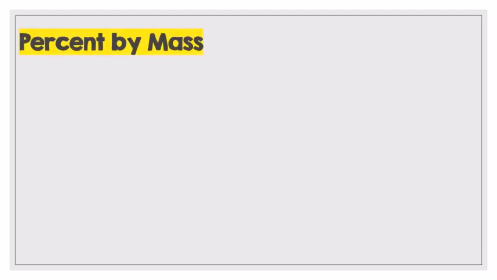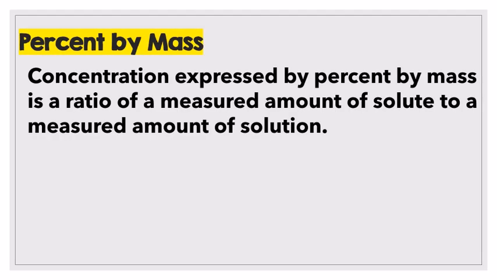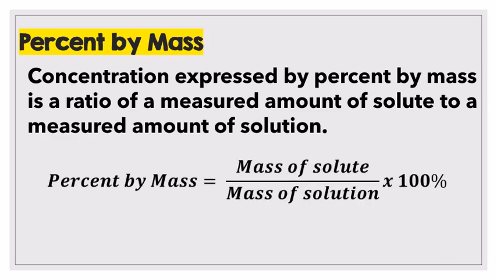Let us now discuss percent by mass. Concentration expressed by percent by mass is a ratio of a measured amount of solute to a measured amount of solution. So here we have the formula.